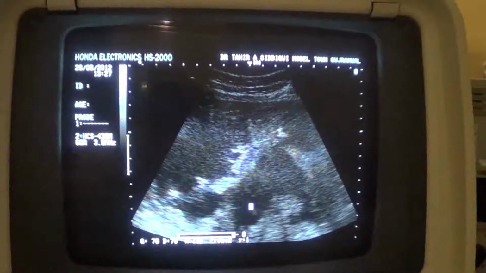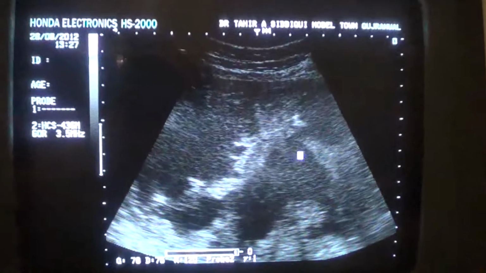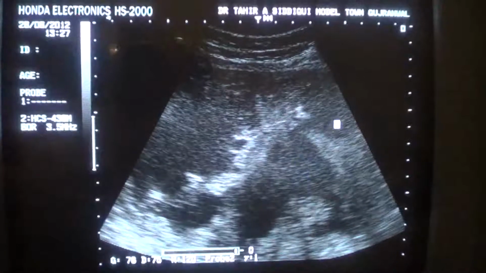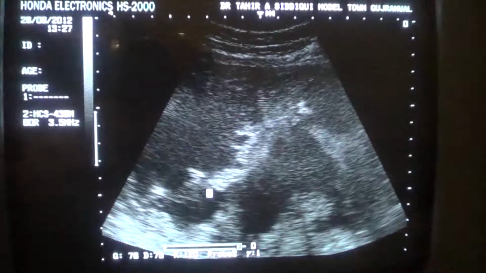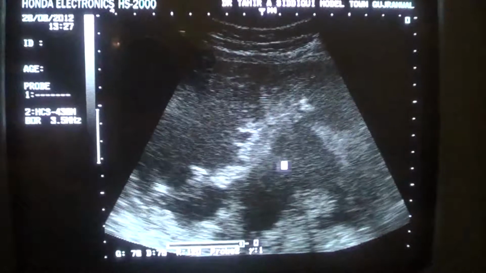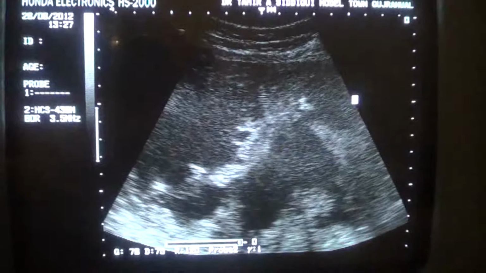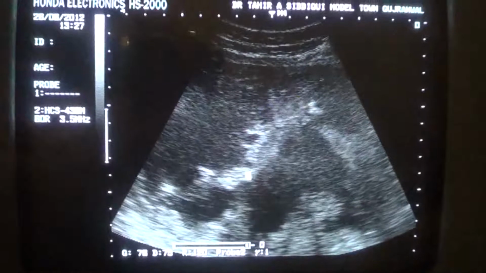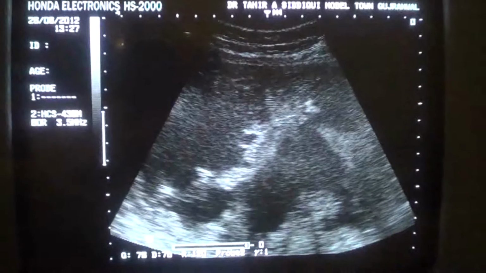It could be as black as this if there had been no internal echoes. Now these are echoes, these sand-like areas. This is not black. It should have been black like this had the fluid been clear. These are the echoes, and these are the echogenic areas.